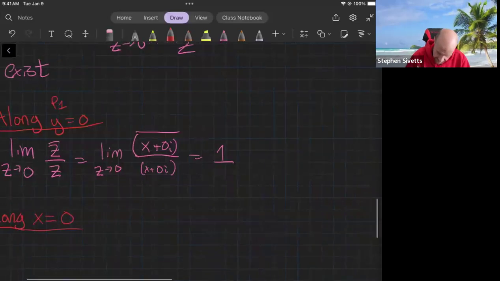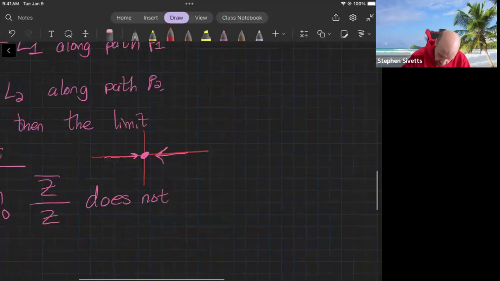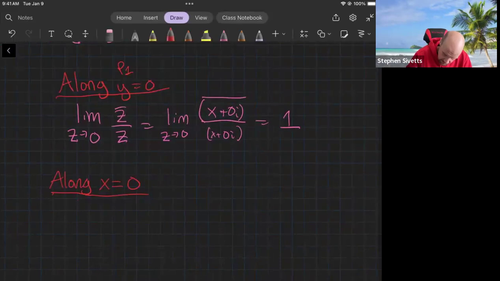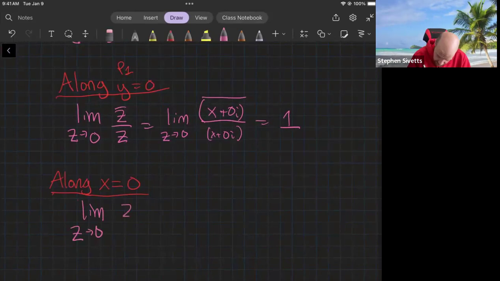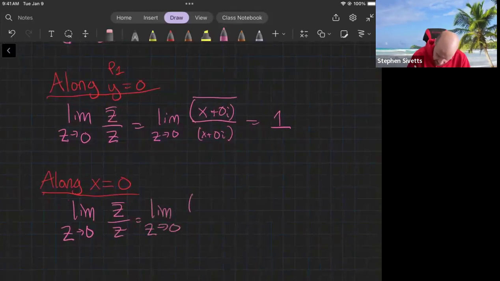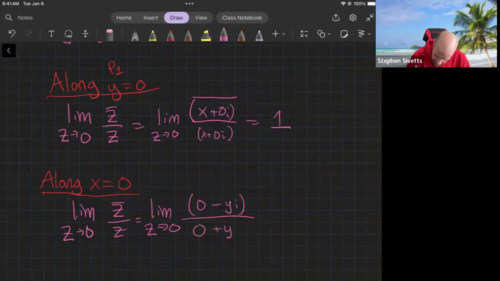The second path, let's say we go along x equals 0, so the imaginary axis. So we're going to go along 0 in these directions. Then what that means is the limit as z goes to 0 of z bar divided by z is equal to the limit as z approaches 0 of 0 minus yi divided by 0 plus yi.